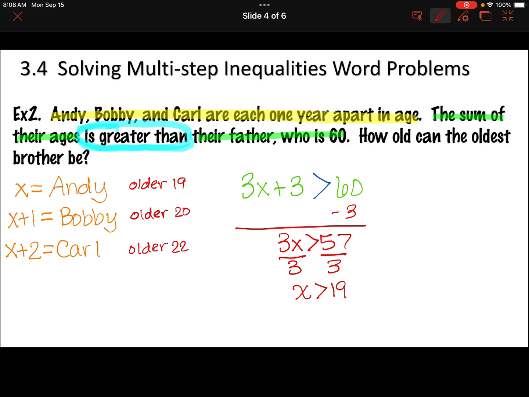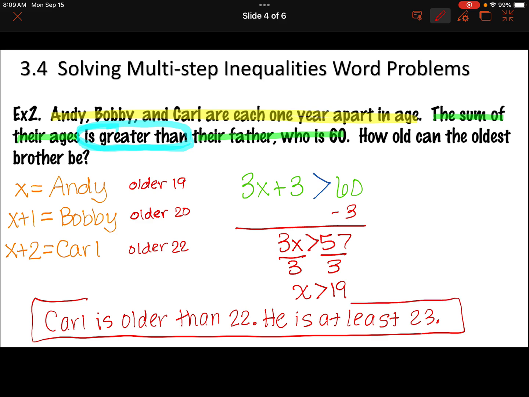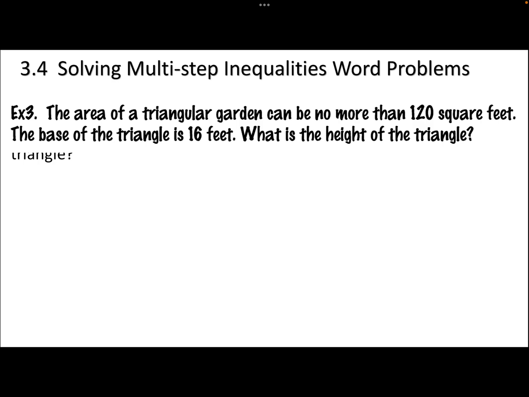So Carl is older than 21. He is at least 22. So he could be 22 years old or older. We just know he's got to be older than 21.